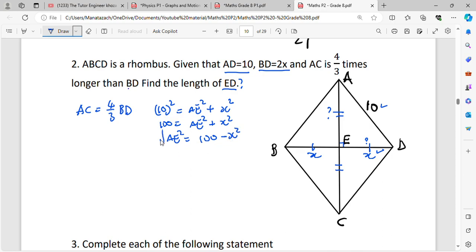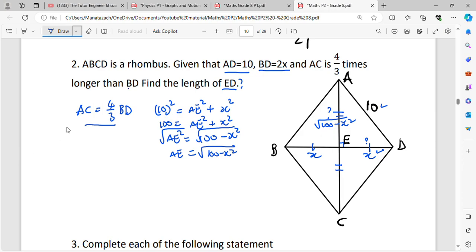So if we put a square root sign on both sides, we find AE to be the square root of 100 minus x squared. Since we have this relationship, we can also use it. Take note that AC is equal to 2 times AE.